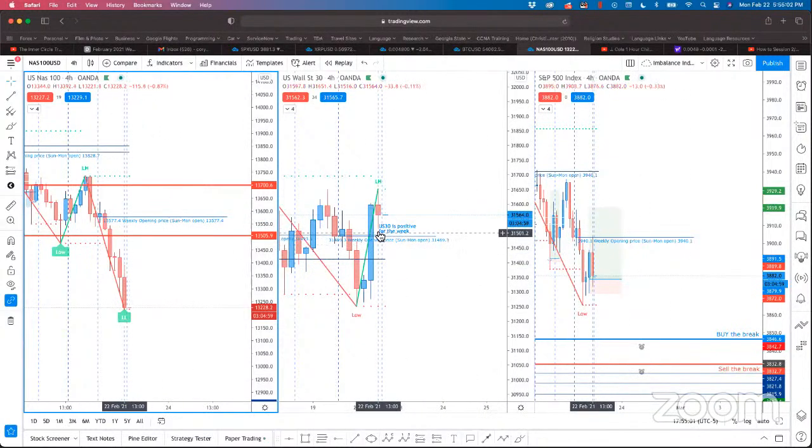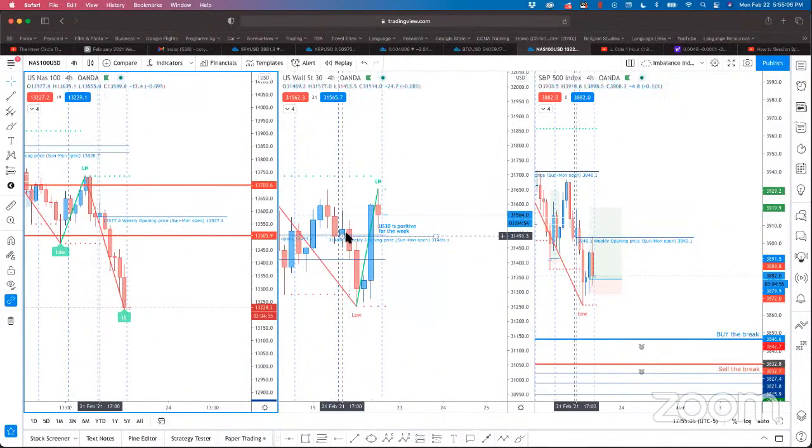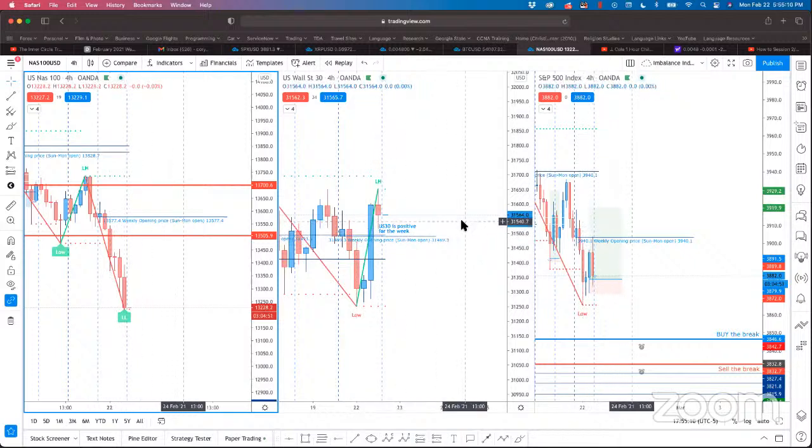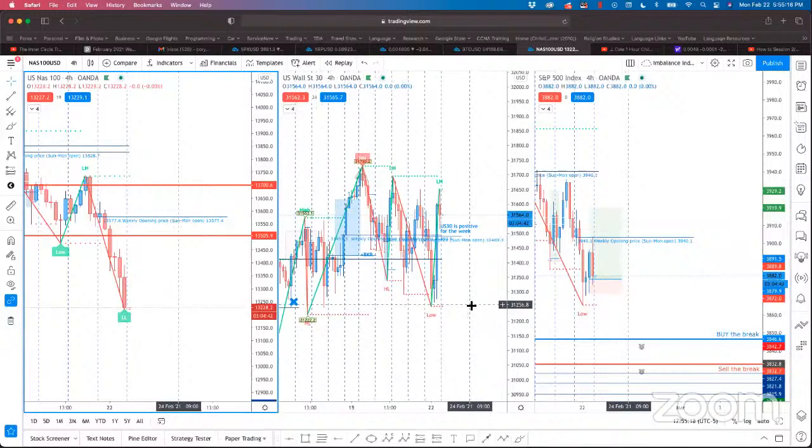US 30, on the other hand, unlike the rest of them, broke above last week and it's trading above this week's high. I could possibly look for a buy on US 30 versus the other two.